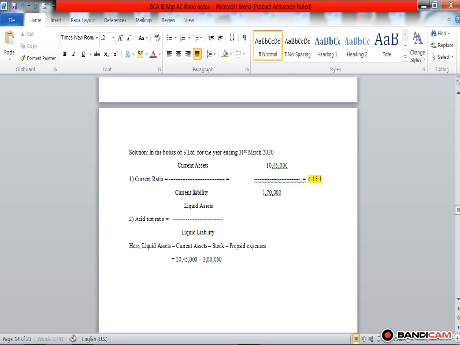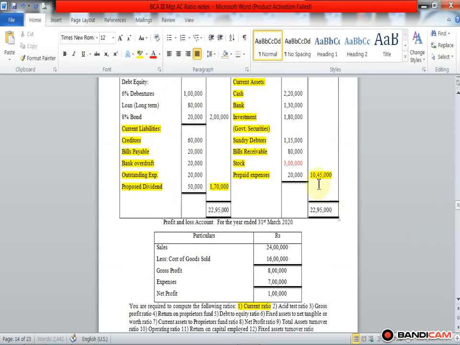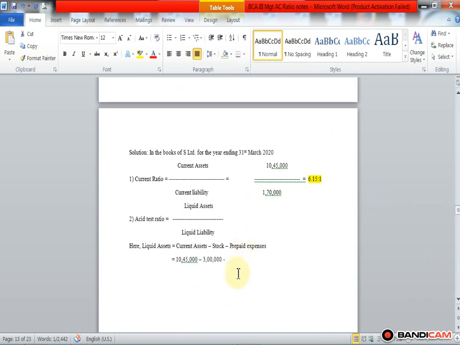Less prepaid expenses. Prepaid expenses is also given in the problem. So here 20,000 is prepaid expenses. So deduct these prepaid expenses, 20,000, from current assets.